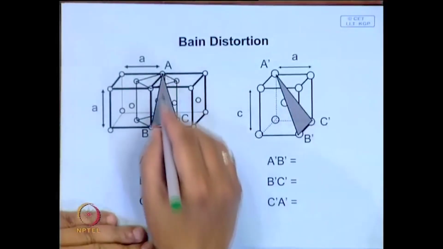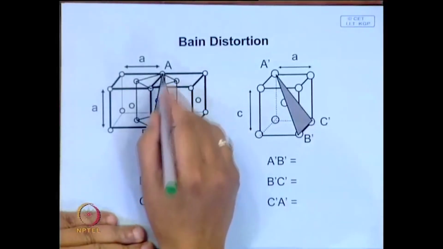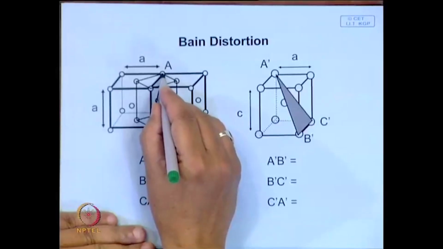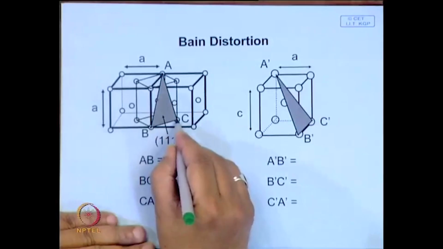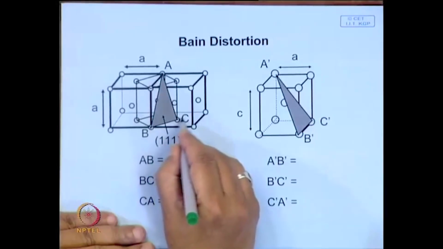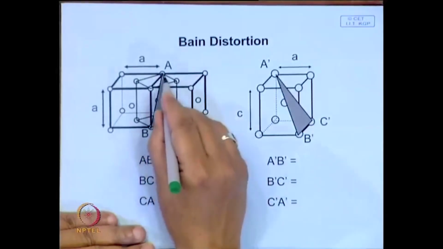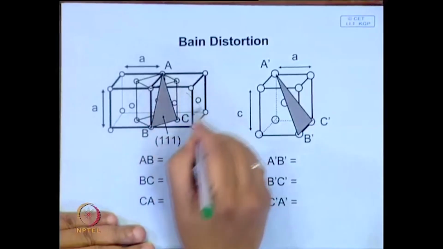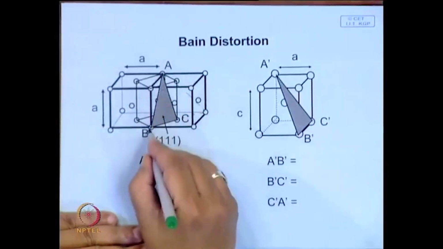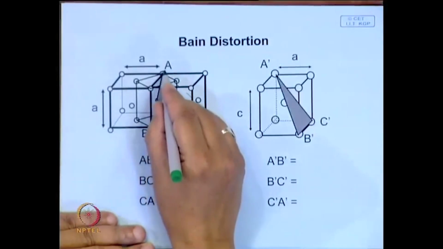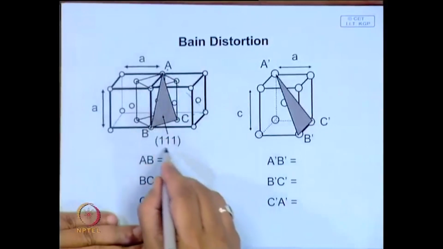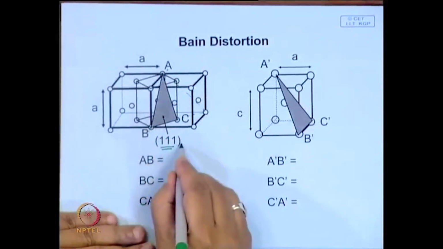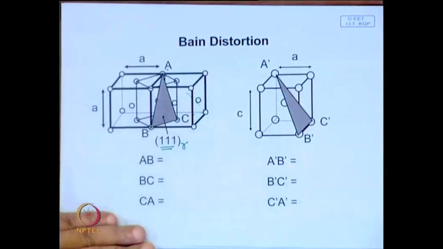Now, here try and find out what this plane is. It intersects here at unit distance, here at unit distance, here of course, you can extend it. So, this plane, if you extend, is something like this. This plane, named ABC, is actually a 1-1-1 plane, and this is a plane in the austenite lattice.